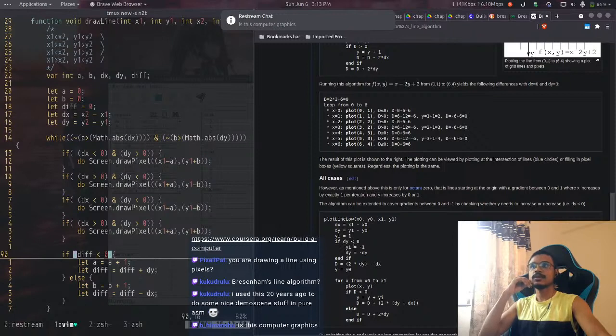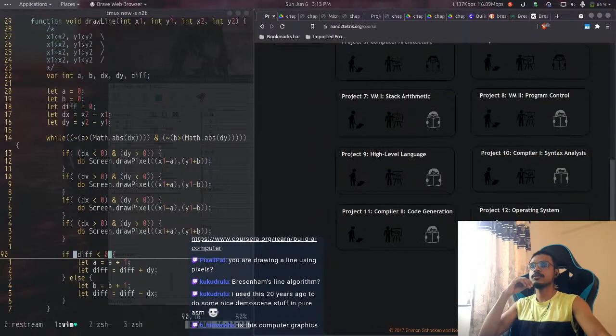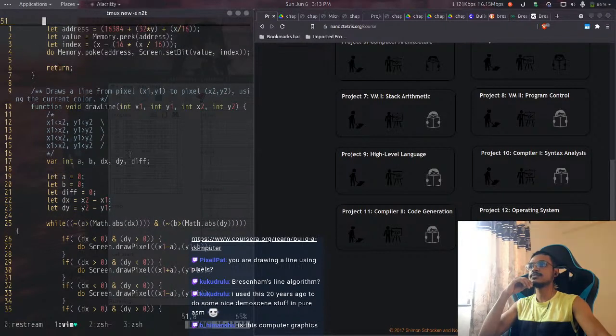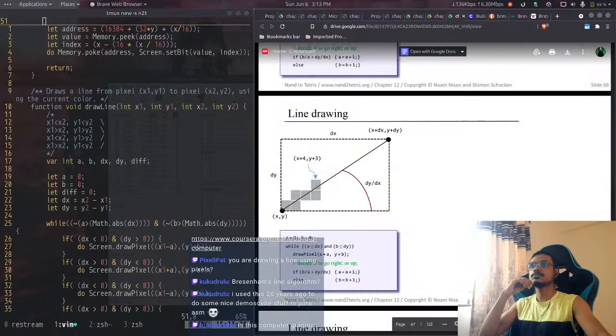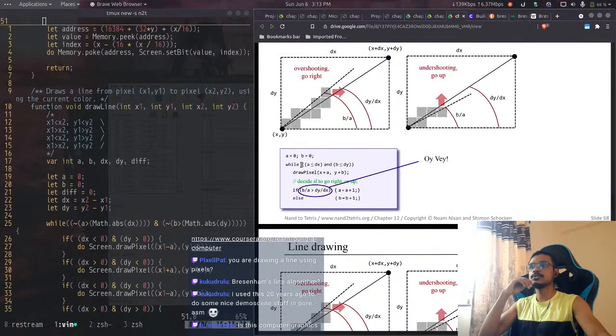Yeah, it's not exactly computer graphics, but you can call it computer graphics kind of, because it is part of this course Nand2Tetris, where we have to create an operating system, and right now I'm creating a module to draw lines using a function draw pixel. The course has already provided this algorithm, but they have not generalized it.